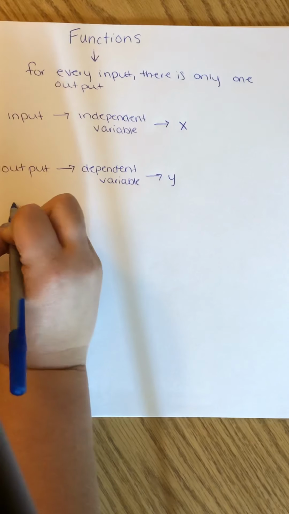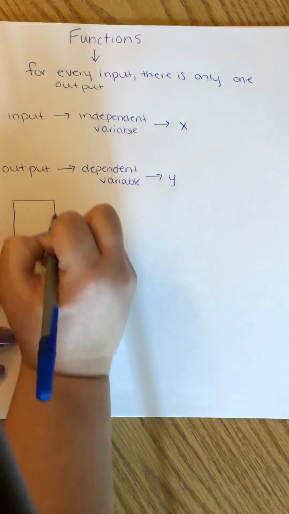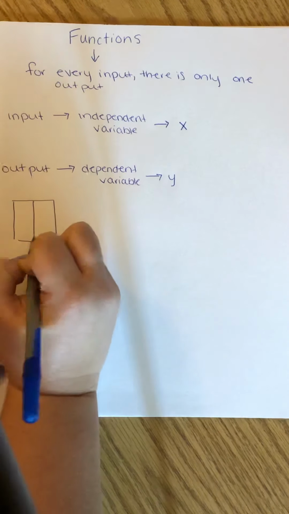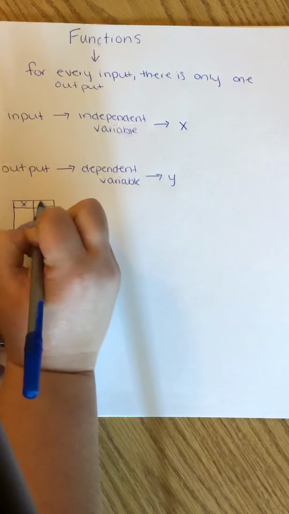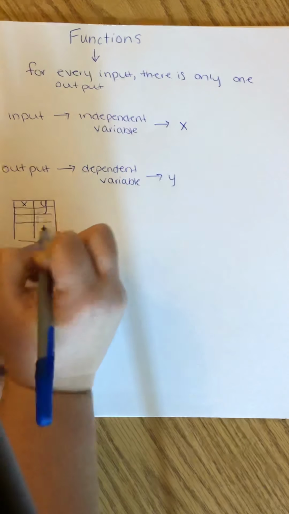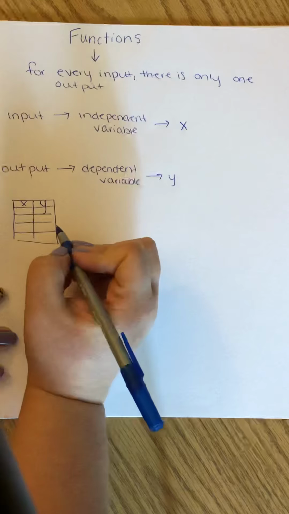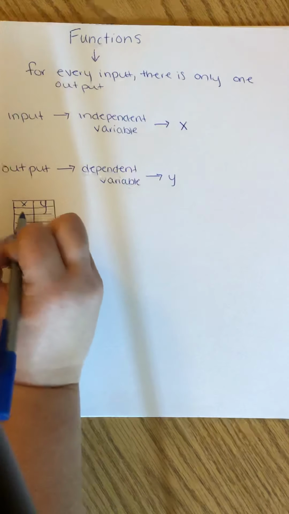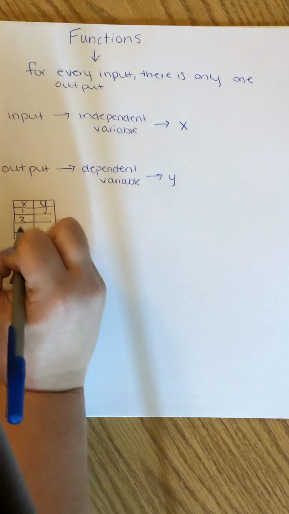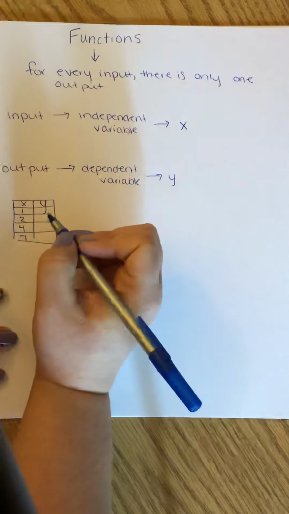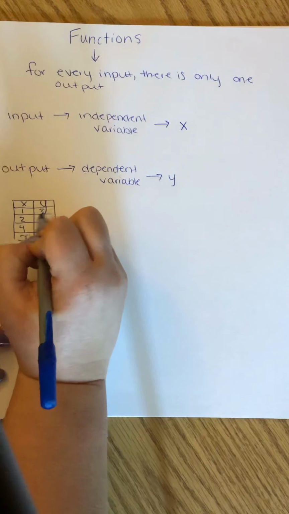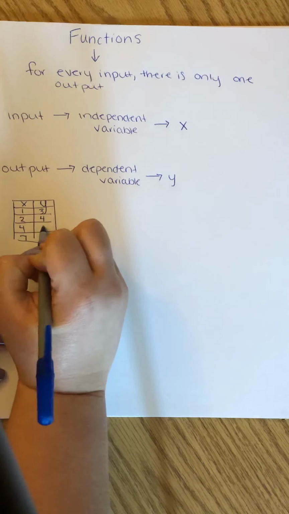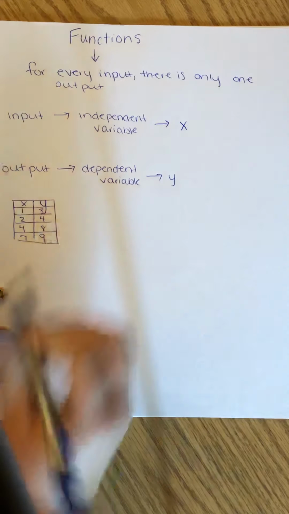So if I create this table of my input-output values, and let's see if I put 1, 2, 4, 7, and then 3, 4, 8, and 9.